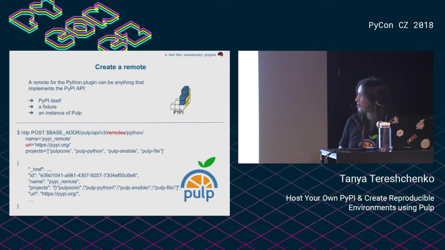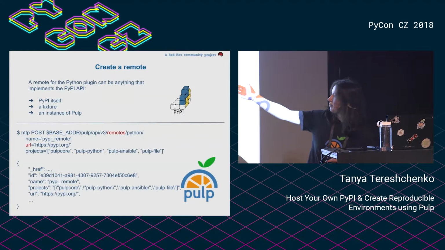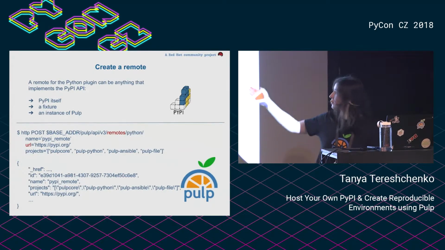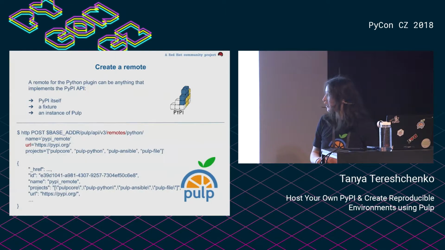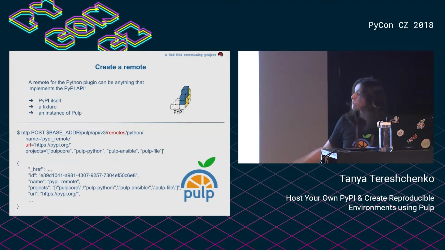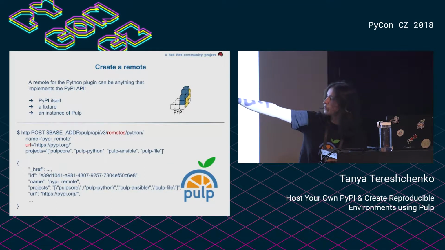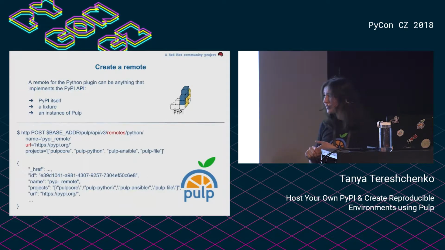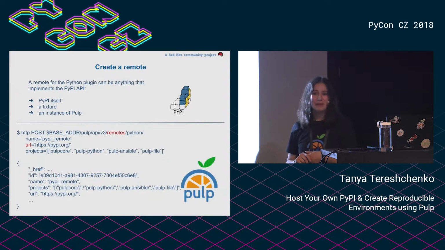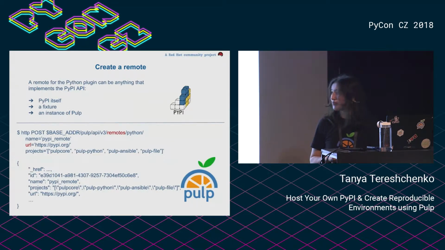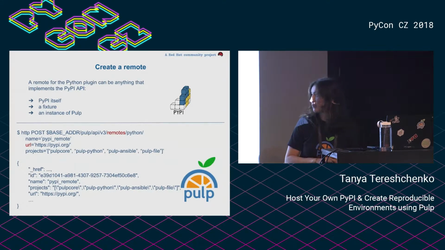To create a remote, we use remote API, and because it's plugin specific, we say that we want Python one. You specify a URL, it's a remote source, and we will sync from PyPI. And maybe you don't want to have all the PyPI content, so if you would like to filter it, you can specify projects which you are interested in.